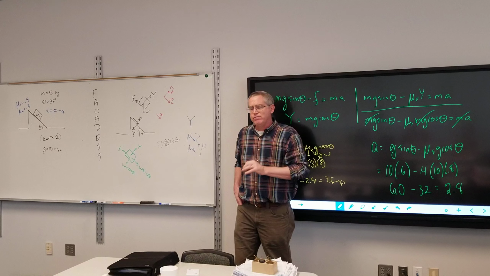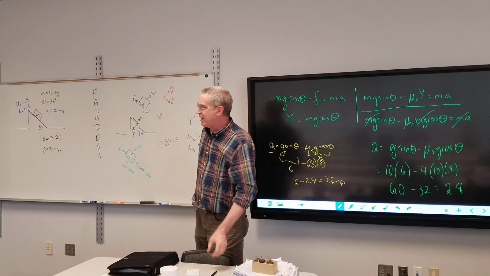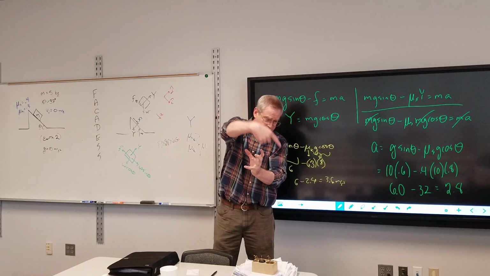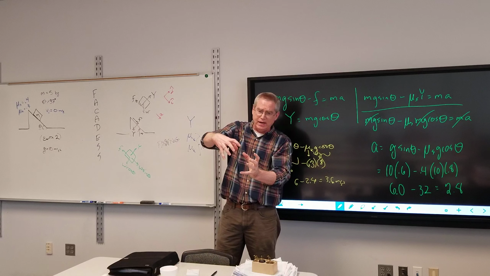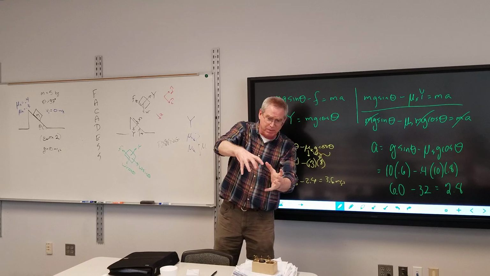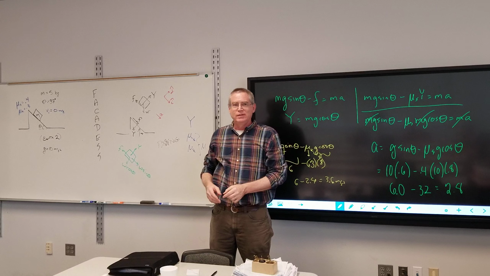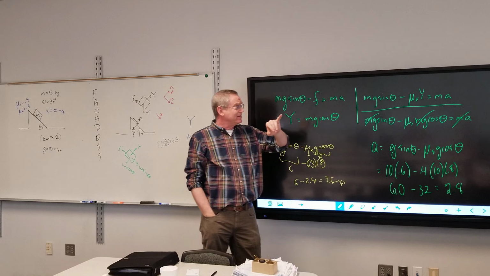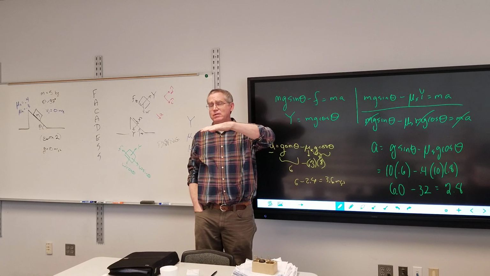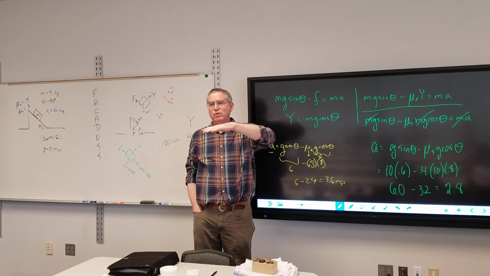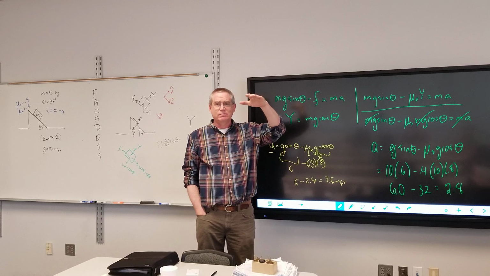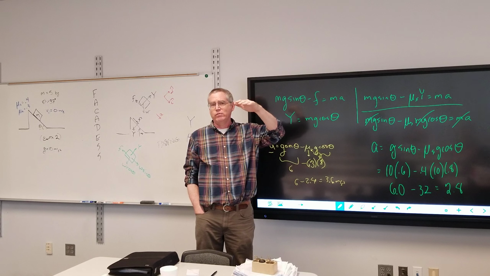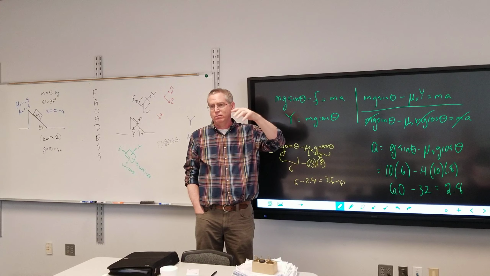If you've got a negative there, that means I put a block on the ramp, positive is down, and I get a negative acceleration, which means I put a block on the ramp and suddenly it starts moving upwards. That does not make physical sense. Remember that the static friction is enough to stop it, and we're assuming a maximum static. A negative means that we did not overcome the maximum static friction, so it did not start moving.